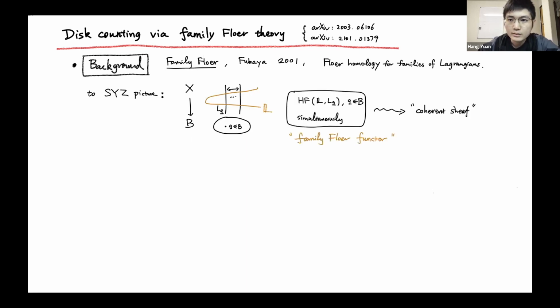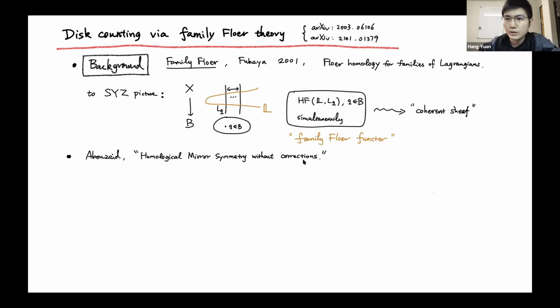The idea is that if we consider the Floer cohomology for all these Lagrangian fibers at the same time, this is supposed to give us a coherent sheaf on the mirror space. This should give us something called the family Floer functor. And recently, Mohammed Abouzaid used this idea to prove homological mirror symmetry without corrections.